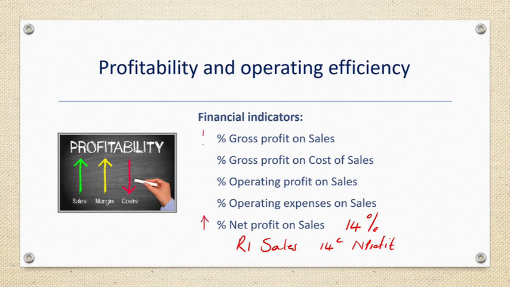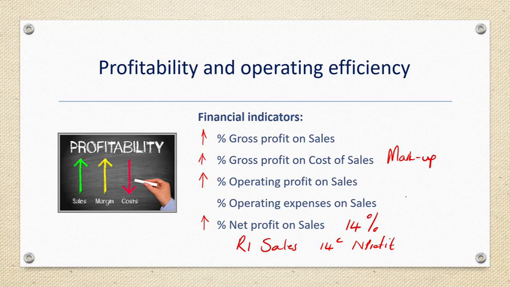The percentage gross profit on cost of sales, that's your markup. We always give you the markup of 25% or 75%. That will be that one. And sometimes when we calculate it at the end of the year, this percentage did not realize for different reasons. Percentage operating profit on sales, as high as possible, but then we get the operating expenses on sales.